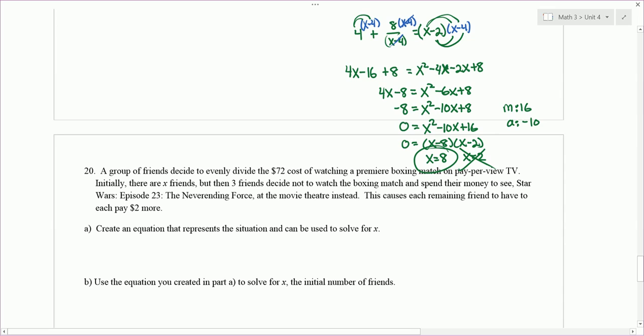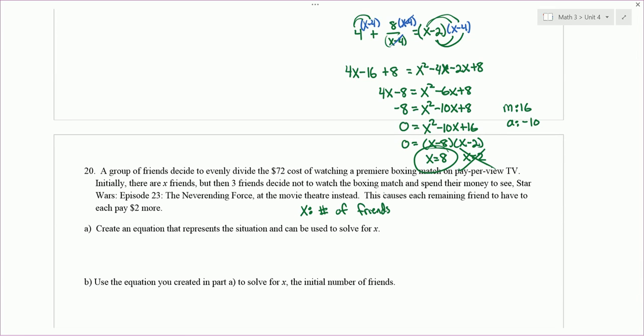Okay, so x represents the number of friends. And it costs $72 to watch the premier boxing match.